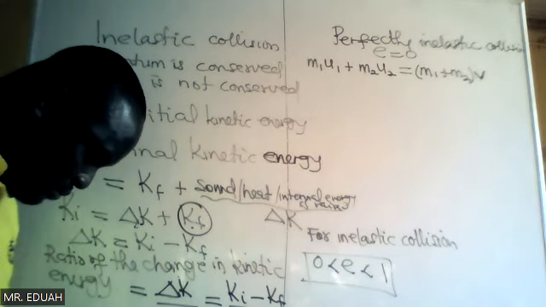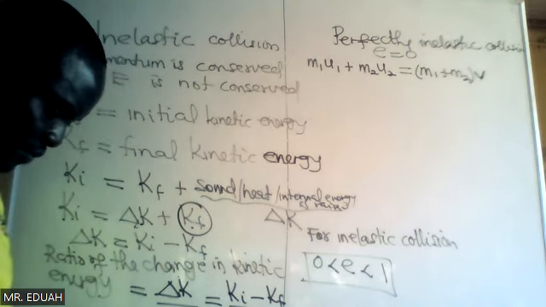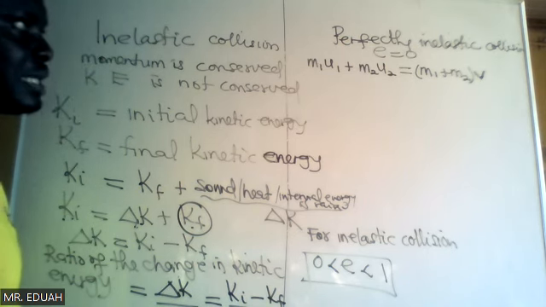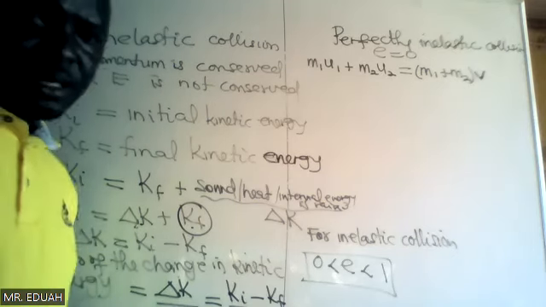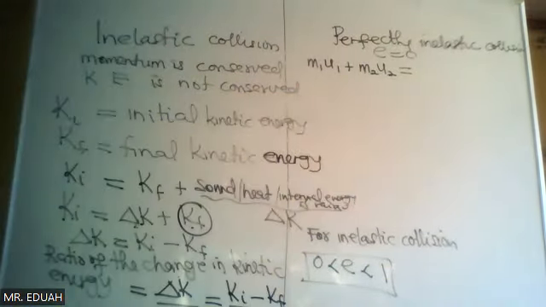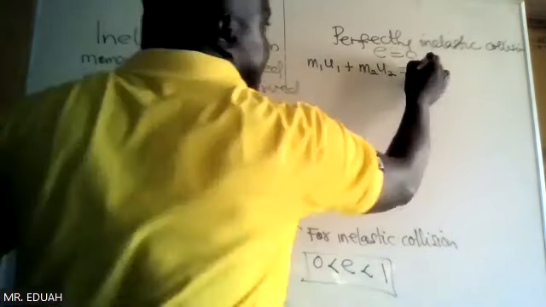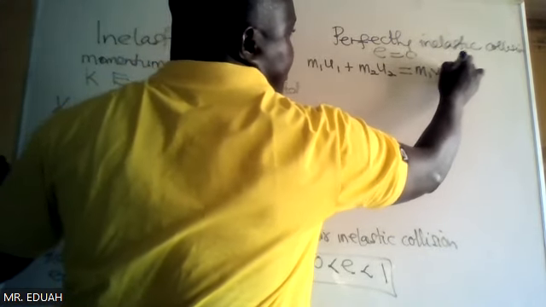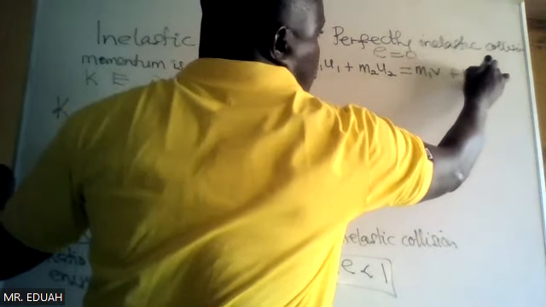Please, I thought because momentum is conserved, it will be the same equation as the other one. No, that is not what happens. You see, after collision, it is m1 v1 plus m2 v2.